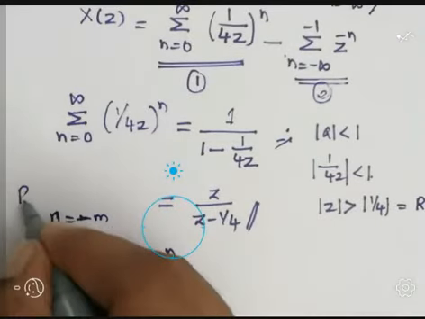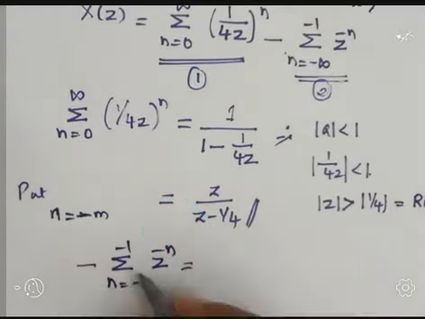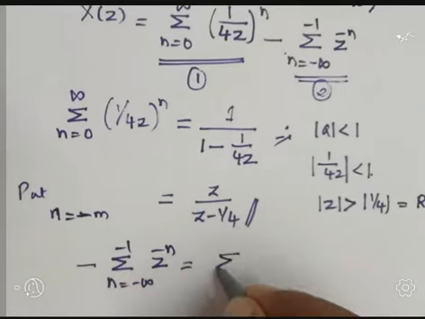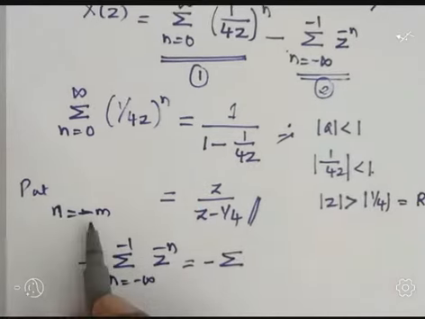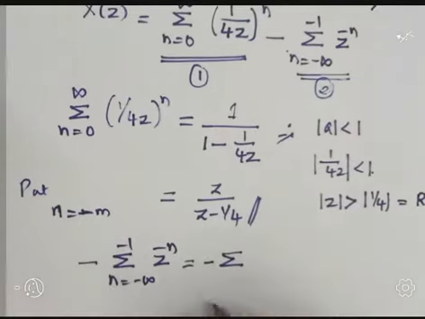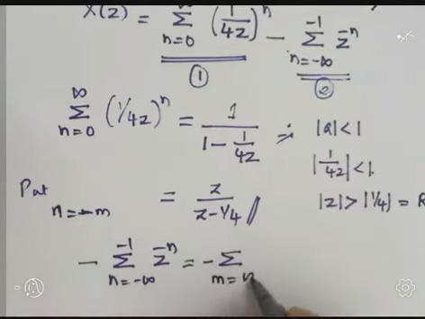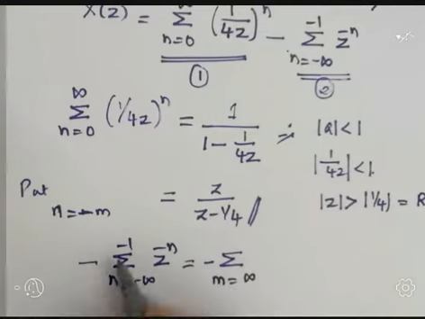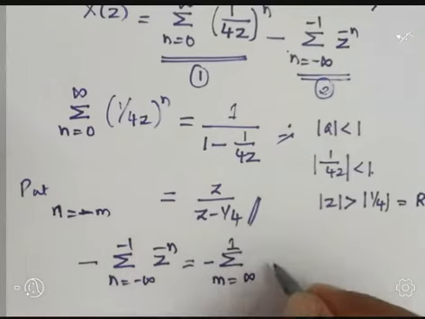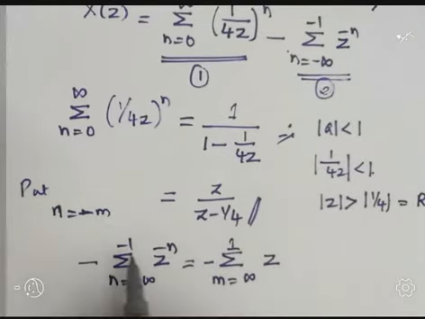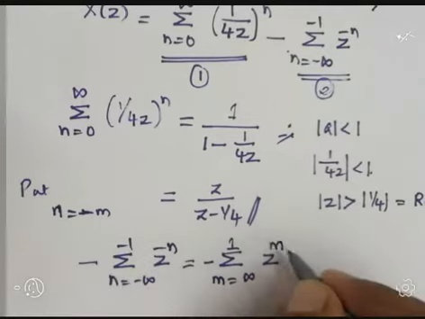Put n equal to minus m, then this equation becomes minus as it is. Here we substituted n equal to minus m. Minus minus gets cancelled, we got plus infinity. Here also n equal to minus 1 is there. If you substitute minus m equal to minus 1, minus 1 minus 1 gets cancelled, it is 1. Z to the n, we took n equal to minus m, so minus into minus, it is plus m.